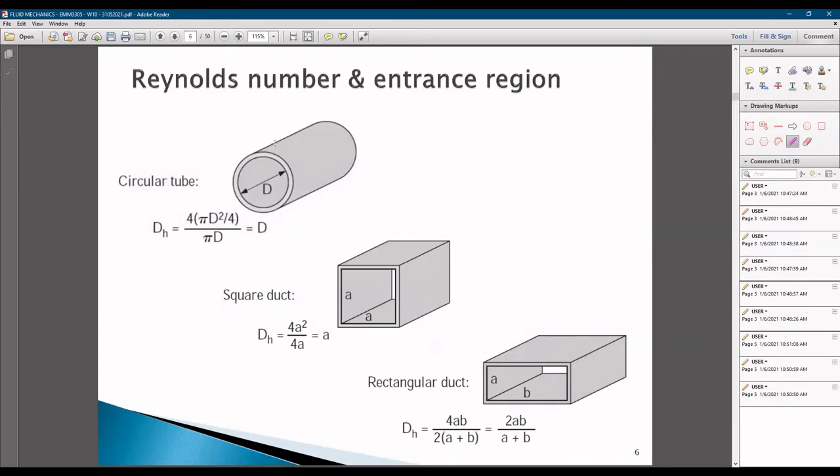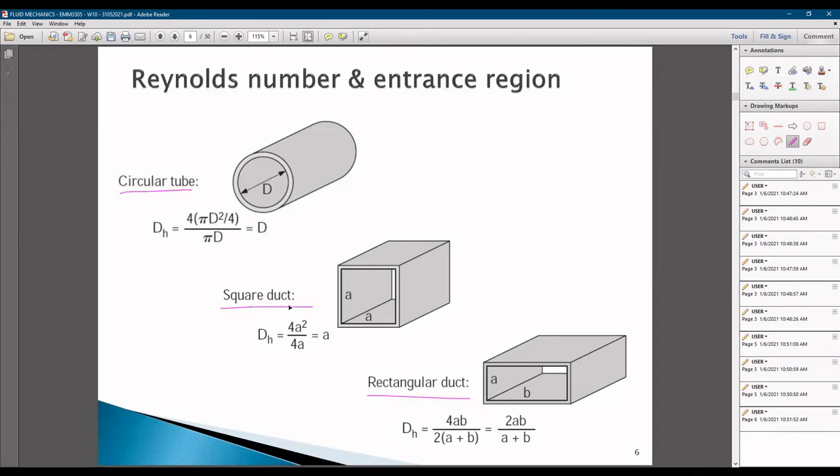If you refer to these different types of cross sections of pipe or passage, you can see that on top we have a circular tube, a square duct, and a rectangular duct.